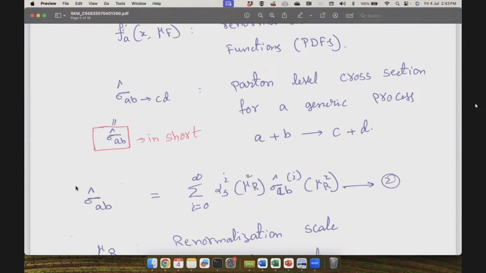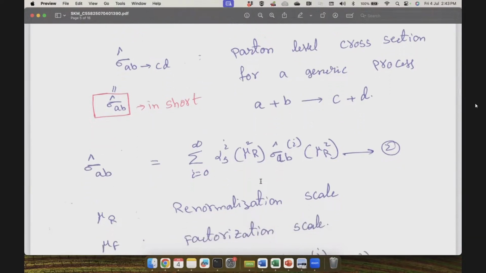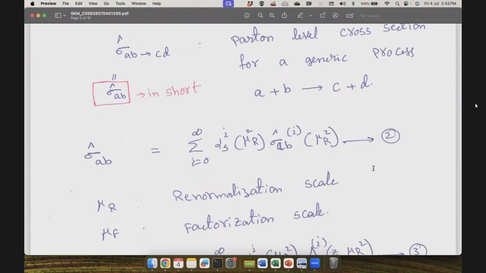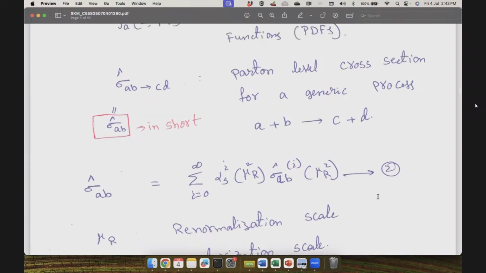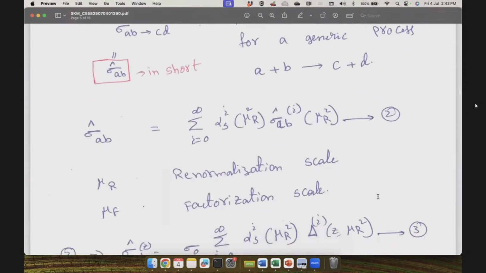So whatever the Parton level cross section, I can try to predict it using perturbative techniques by systematically expanding the theory in the perturbation series with the help of the strong coupling constant. Here, mu r is what we call the renormalization scale, which is introduced while doing the UV renormalization, and mu f is called the factorization scale, which is introduced while removing the collinear singularities in the theory.